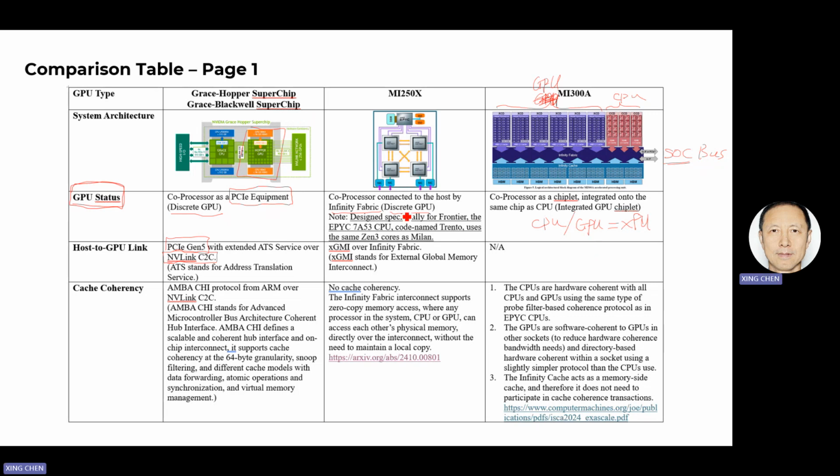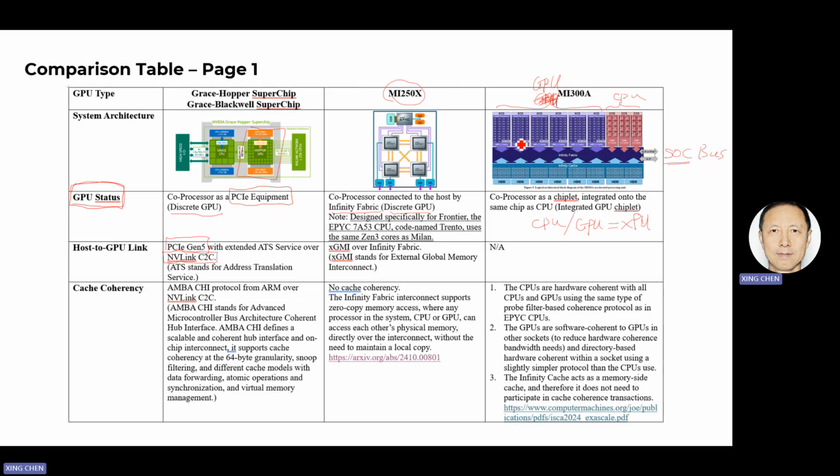And the reason for me to put this MI250X in this table for the comparison is that MI250X is a little bit strange. If you look at these links, basically you will think that this is more like a PCIe equipment. It's connected to the system, to the CPU, by Infinity Fabric links. But logically, we are going to find out that MI250X is more like MI300A.